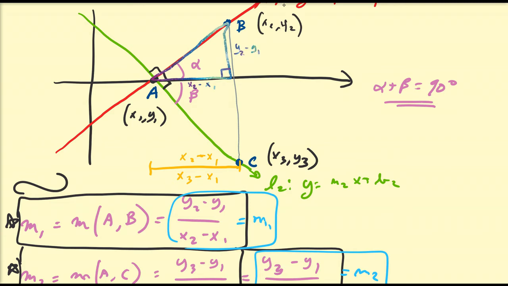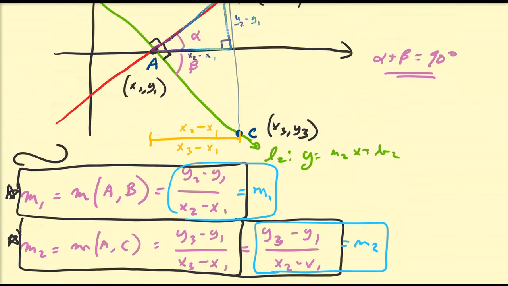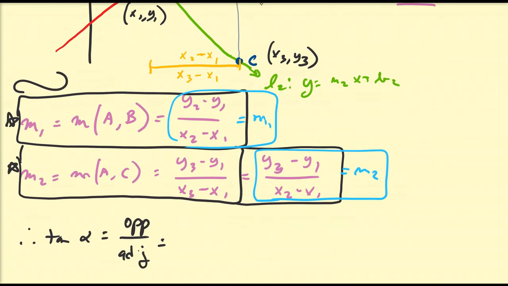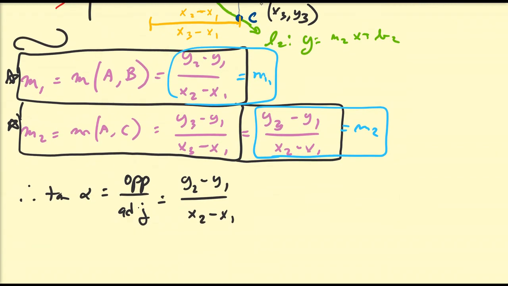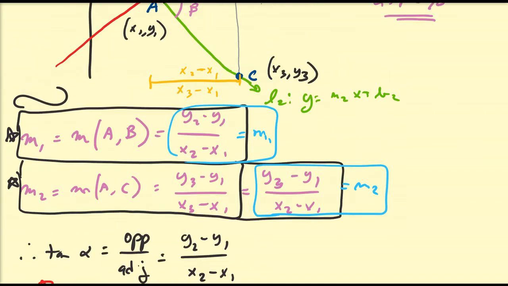That's the height between points A and B. So we know that tangent of alpha is going to be opposite over adjacent. According to this picture, that's y2 minus y1 all over x2 minus x1. But we already know that y2 minus y1 over x2 minus x1 is precisely m1. So we have that tangent of alpha is equal to m1. That's the first important connection here.